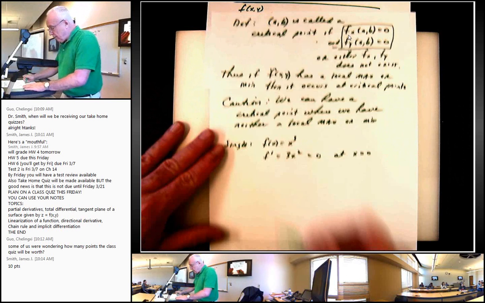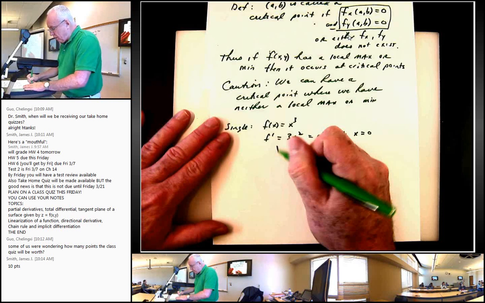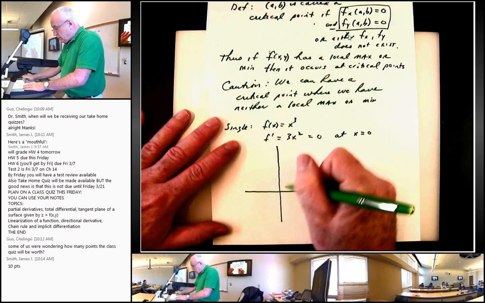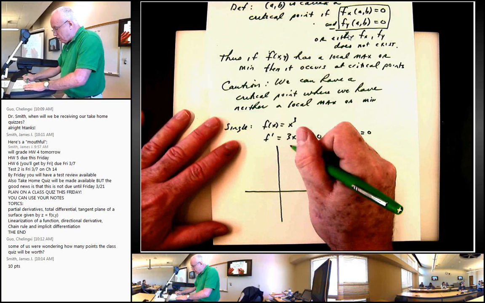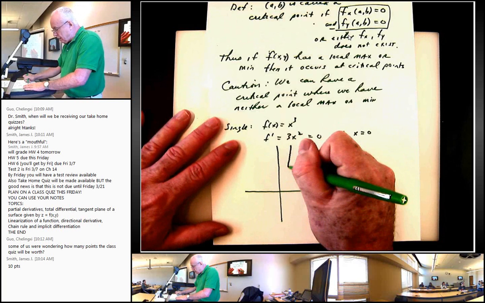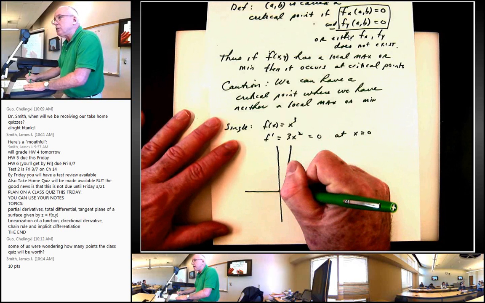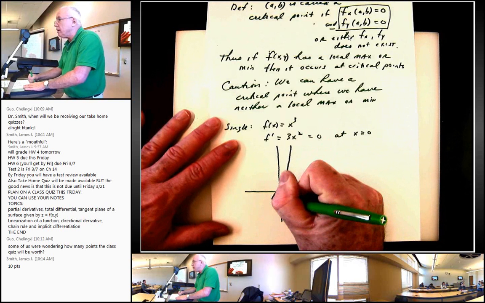But if we look at a graph of x cubed, coming from the right side, it kind of flattens out here for a second and then goes back down again.